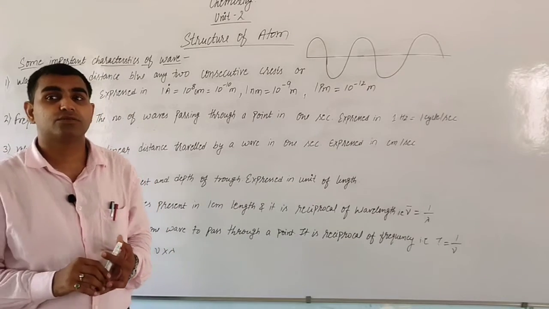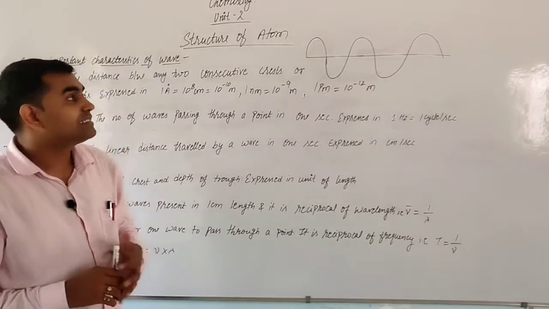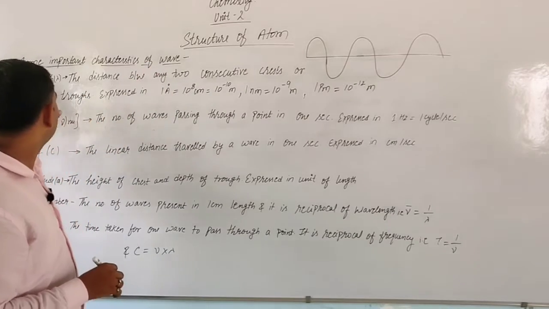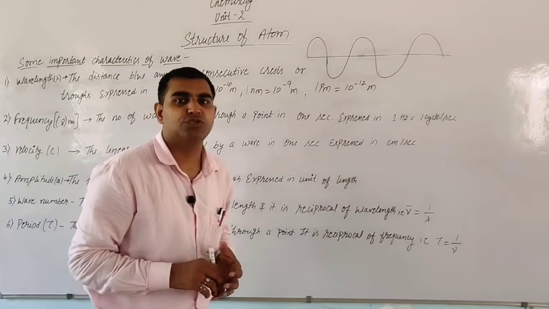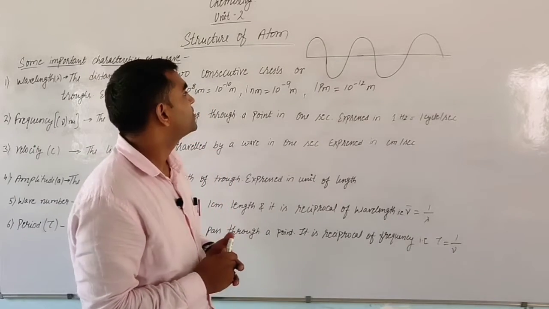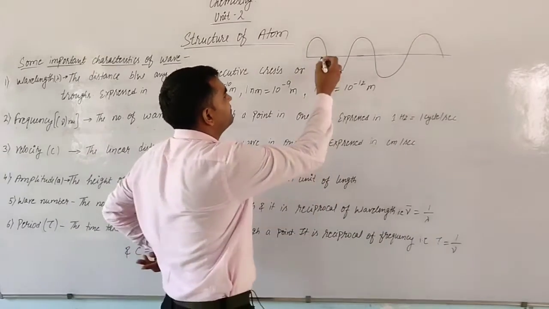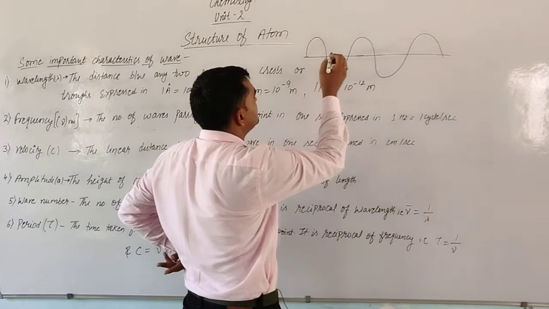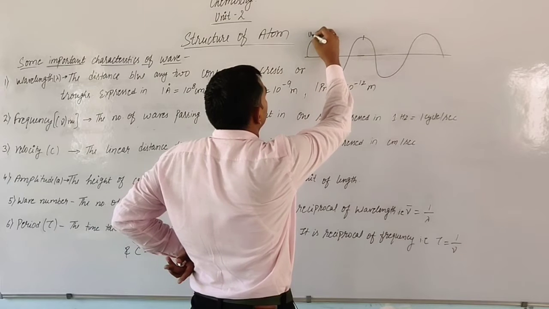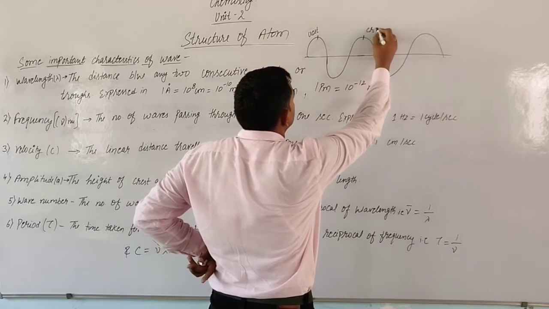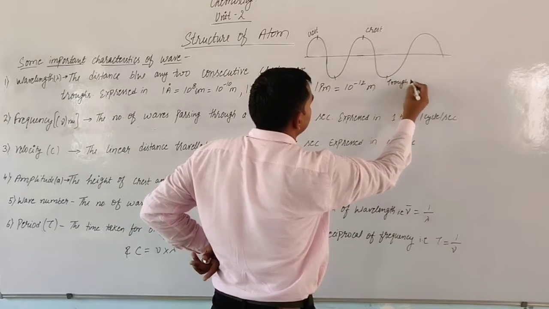Now we will start with the topic: some important characteristics of waves, in which we read about some basic terms of waves which you must know to solve certain numericals in chapter 2 of chemistry. Firstly, I will explain a wave. This is one wave; the upper part is known as the crest, and the lower part is known as the trough.